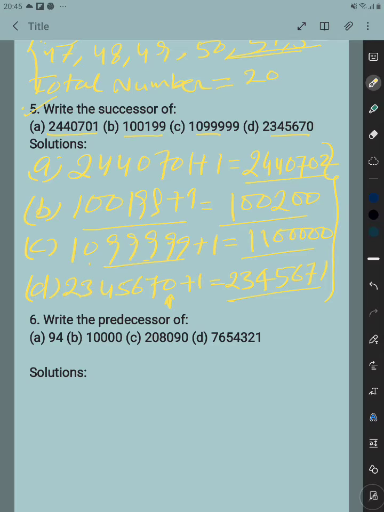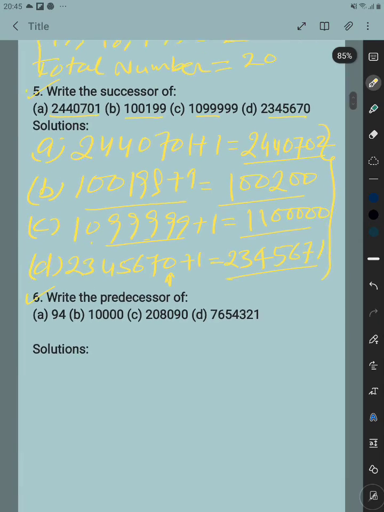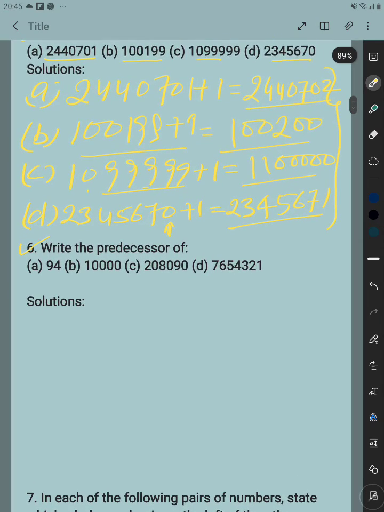Now we are going to question number 6, and in question number 6 we need to find the predecessor. Predecessor means before, so we need to subtract 1 from these numbers. The predecessors are as follows.